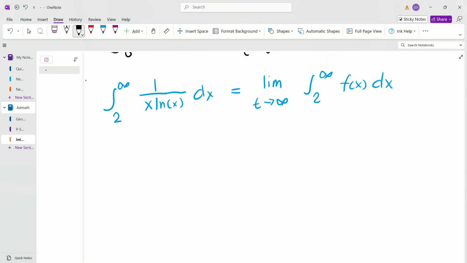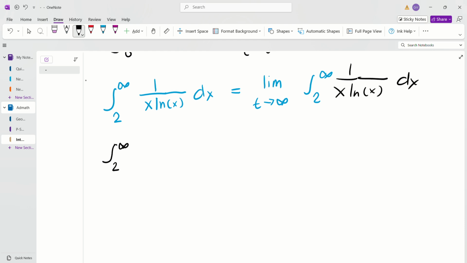We have the integral from 2 up to positive infinity of, sorry, it should be 1 over x times ln of x dx.